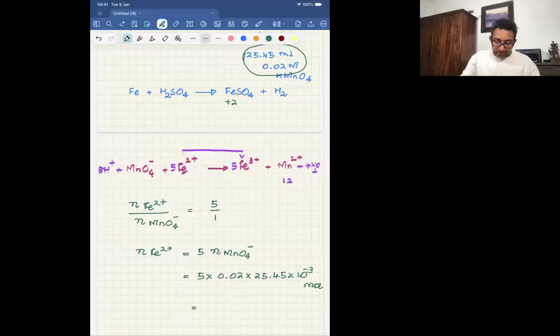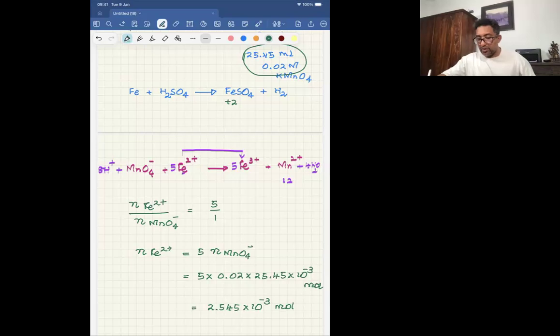So 5 times 0.02 times 25.45 times 10 to the power minus 3 is 2.545 times 10 to the power minus 3 moles. Is it clear? Did you understand that?